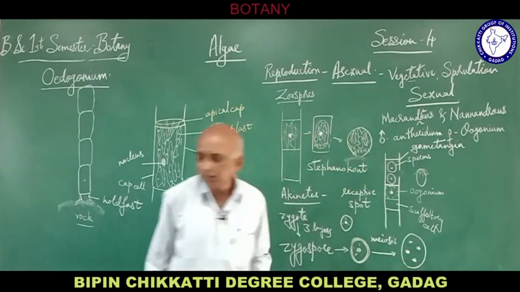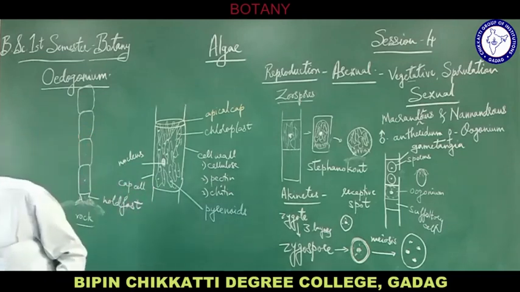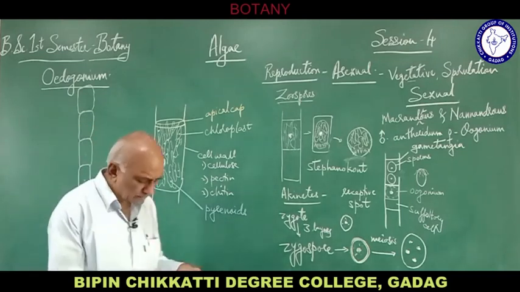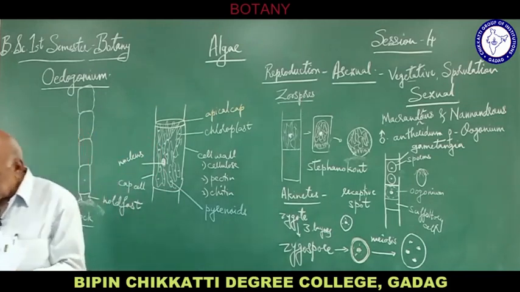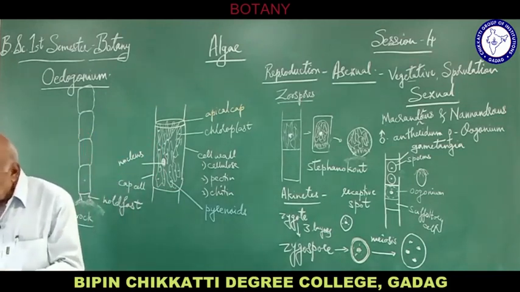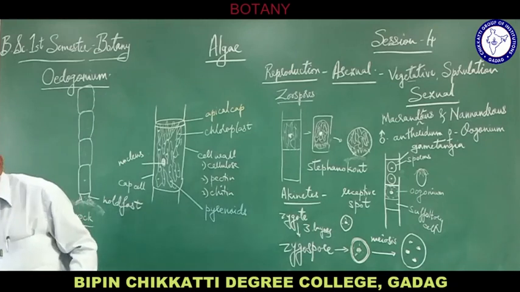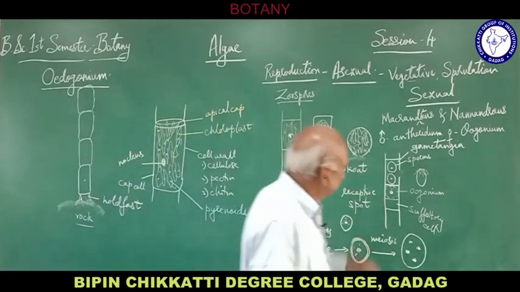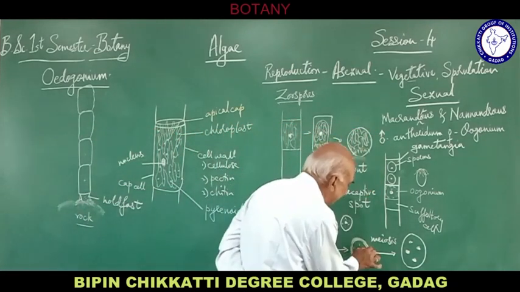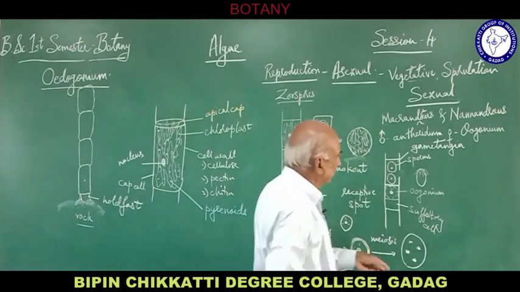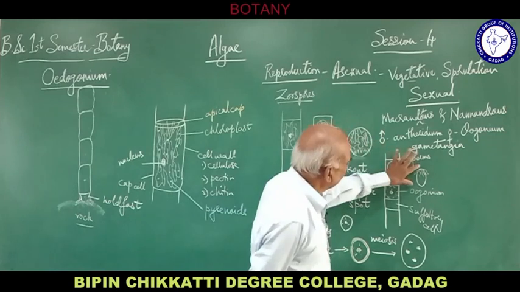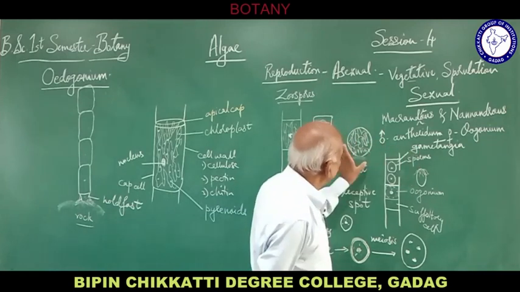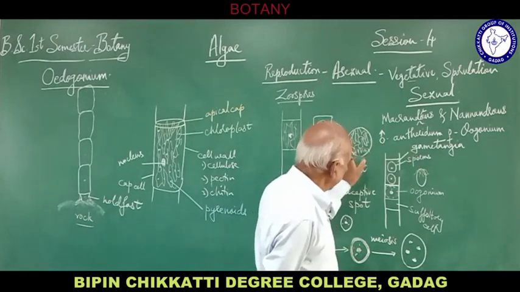These 4 nuclei develop into what are called the meiospores. The meiospores actually have flagella, just like the sperms and zoospores. The presence of many flagella is a characteristic feature here. In the sperms we find many flagella, and in the zoospores also we find many flagella.